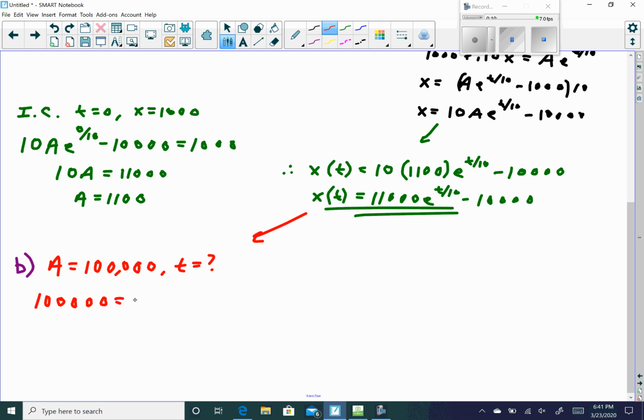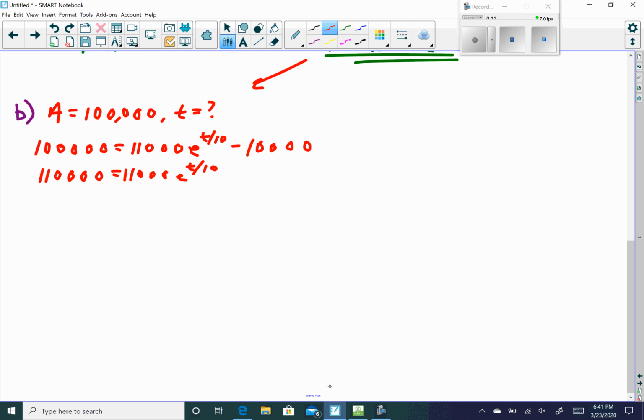We're going to set it equal to 11,000 e to the t over 10 minus 10,000. So we're going to get 110,000, adding that to each side, equals 11,000 e to the t over 10.